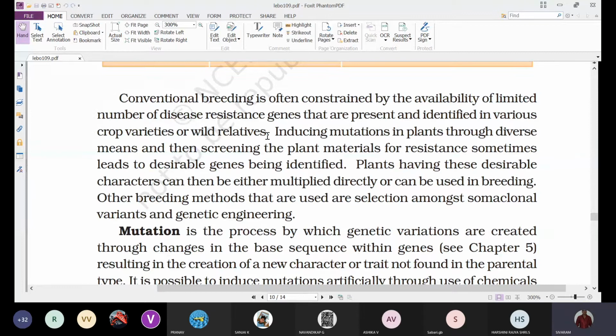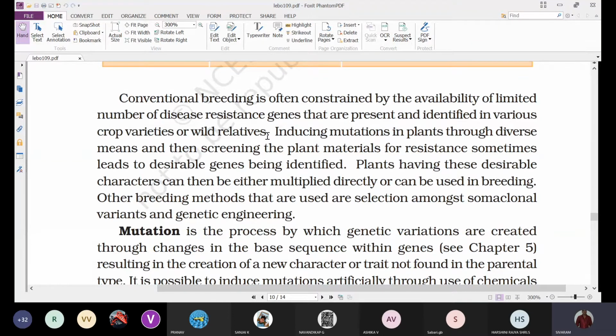If you are unable to find any crop variety which is showing disease resistance naturally, then what can we do? How can we develop disease resistance? In that case, if no wild relatives are available for any disease resistance, then we can go with mutational breeding.